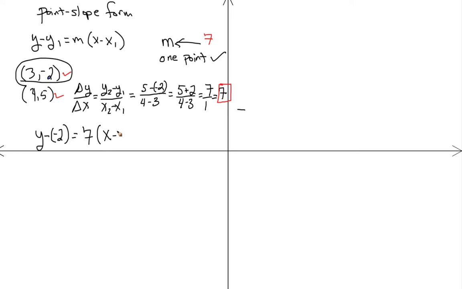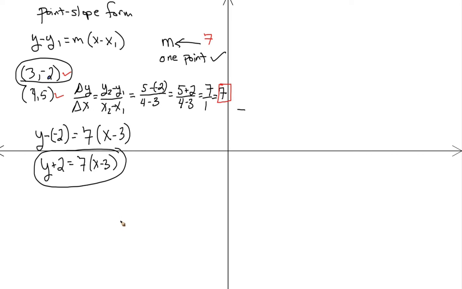That would be my 3. Minus 3. Now just to simplify this, I would have y, and of course minus a negative would be plus 2, equals 7 times x minus 3, which just stays the same. And this would be my equation in point slope form for number 2.